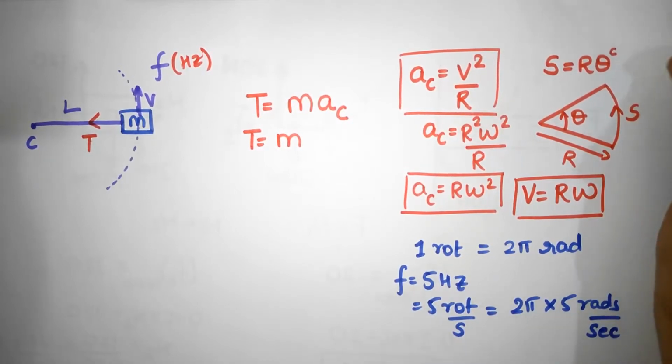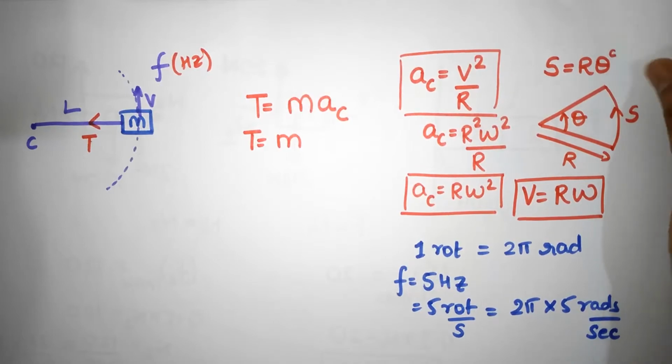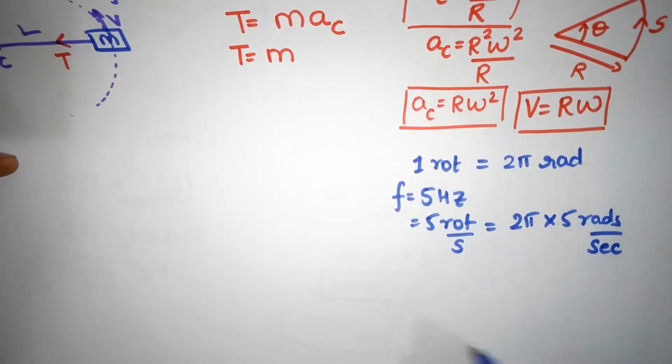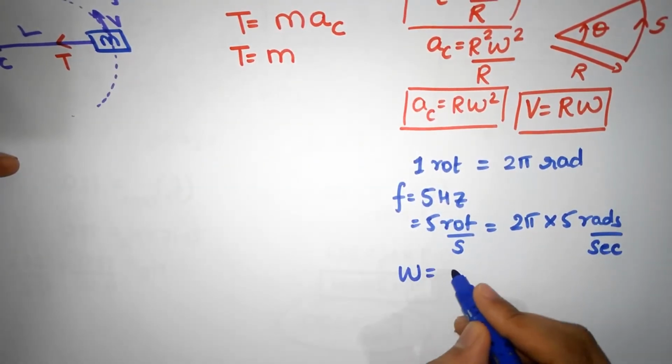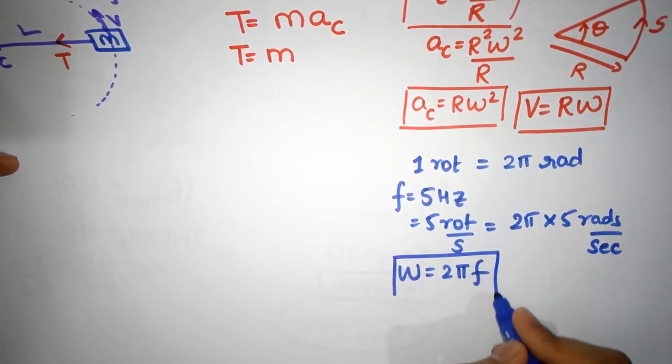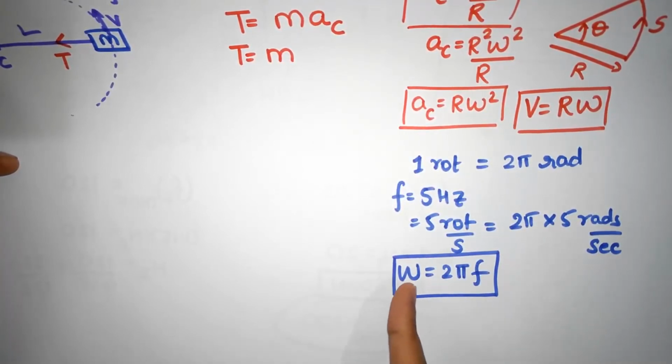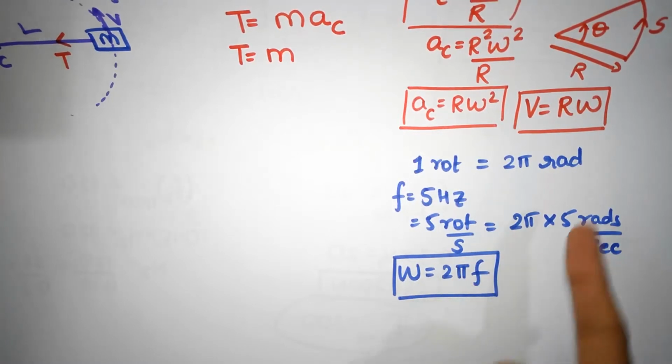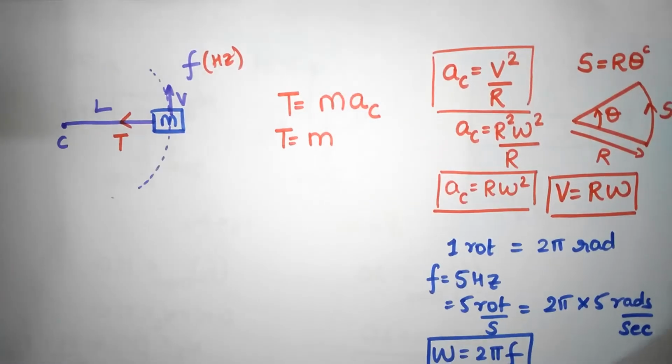So in general, we can say that omega is 2 pi times f. So this is the connection between angular speed, or sometimes we can say angular frequency, with just frequency, 2 pi, because one rotation corresponds to 2 pi radians. So that's the connection we needed.